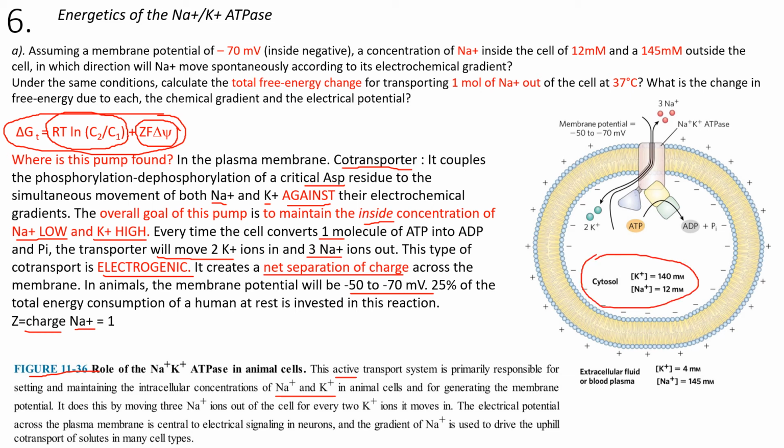And you can see that sodium is 12 millimolar and potassium is 140 millimolar. Okay. The electrical potential across the plasma membrane is central in electrical signaling in neurons, and the gradient of sodium is used to drive the uphill co-transport of solutes in many cell types.